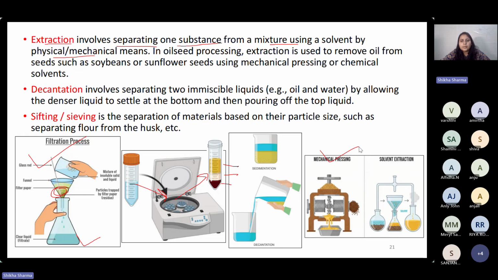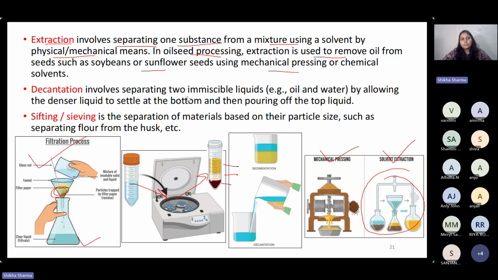So we use heavy pressure to extract the oil from the oil seed. In oil seed processing, extraction is basically used to remove the oil from seeds such as soybean seeds or sunflower seeds by using a mechanical pressing operation, and sometimes we use chemical solvents also to extract the oils from the oil seeds.